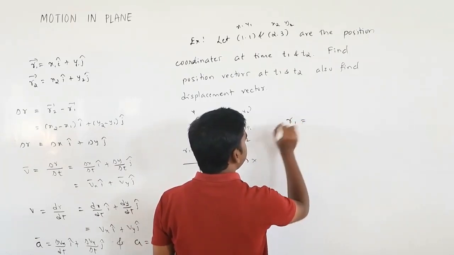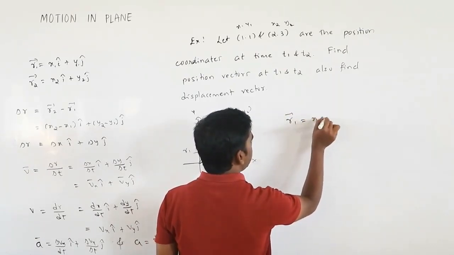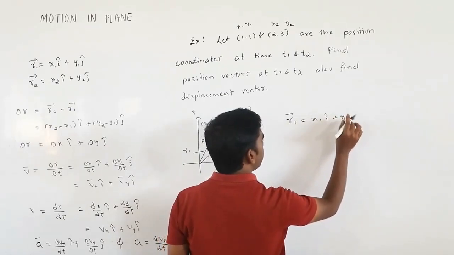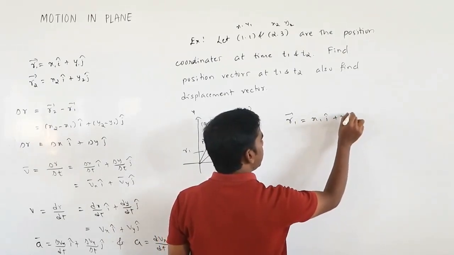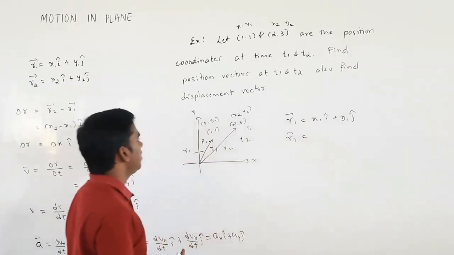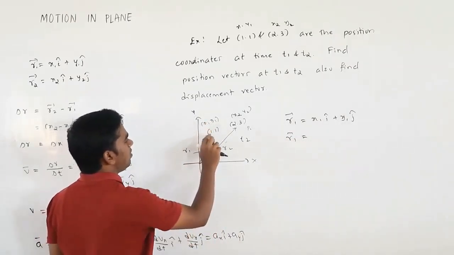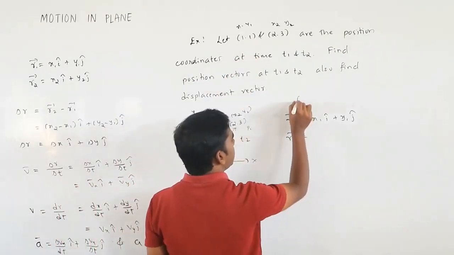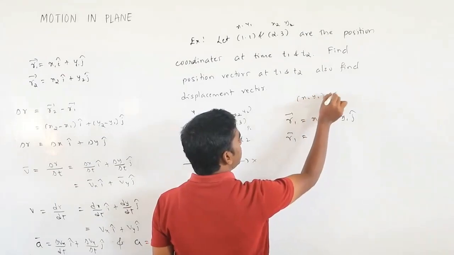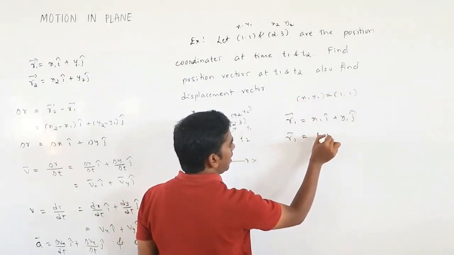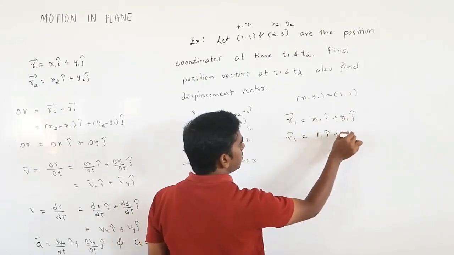R1 is nothing but x1 i cap plus y1 j cap. What are x1 and y1? x1 and y1 are 1 and 1. So x1, y1 is nothing but 1 comma 1. So r1 is 1 i cap plus 1 j cap.